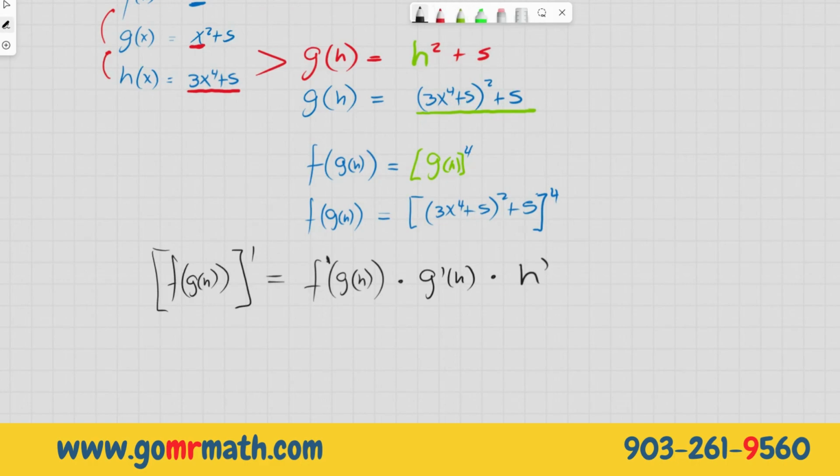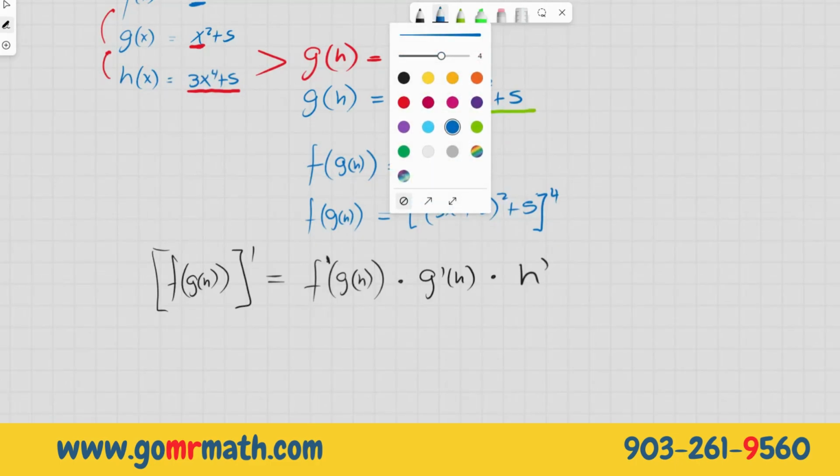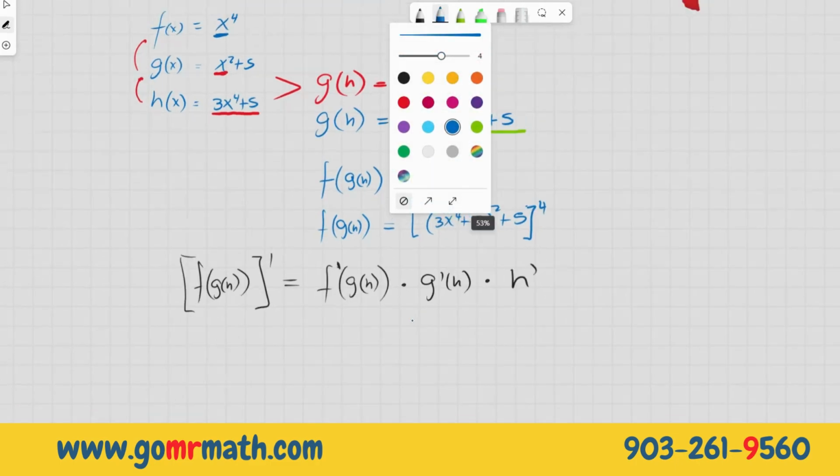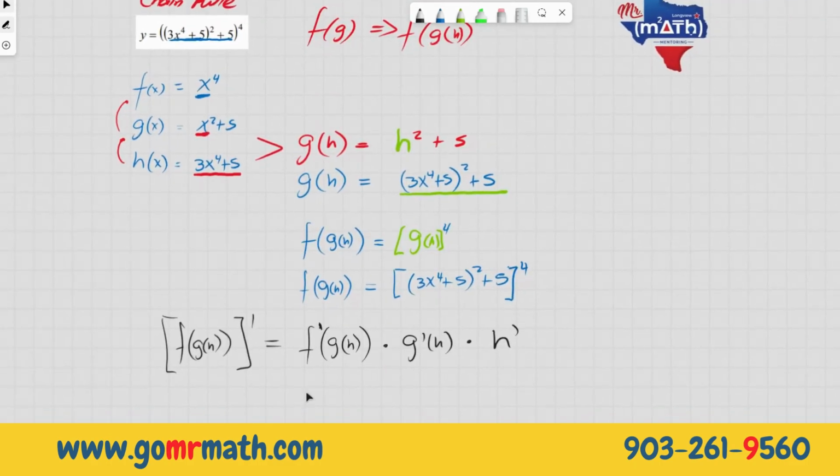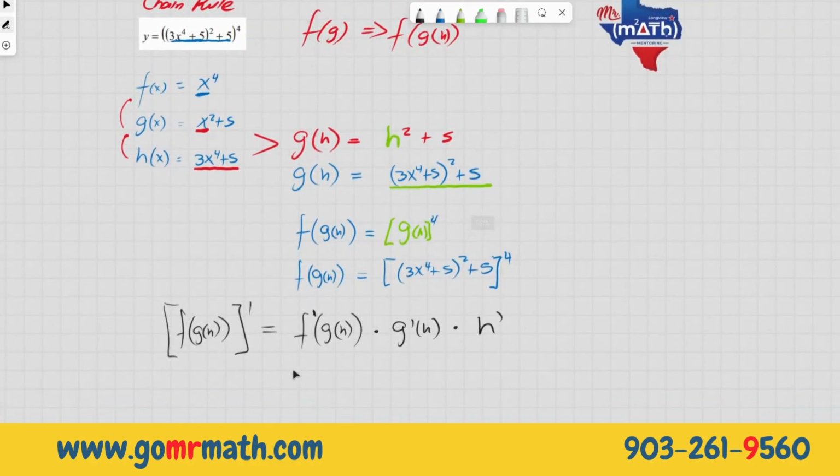Okay, so the first one will be for the entire expression. For the entire expression will be a 4 that multiplies what? 3x to the 4 plus 5 to the square plus 5, and the 4 becomes 3. This 4 in here becomes 3 times the derivative of g of h.